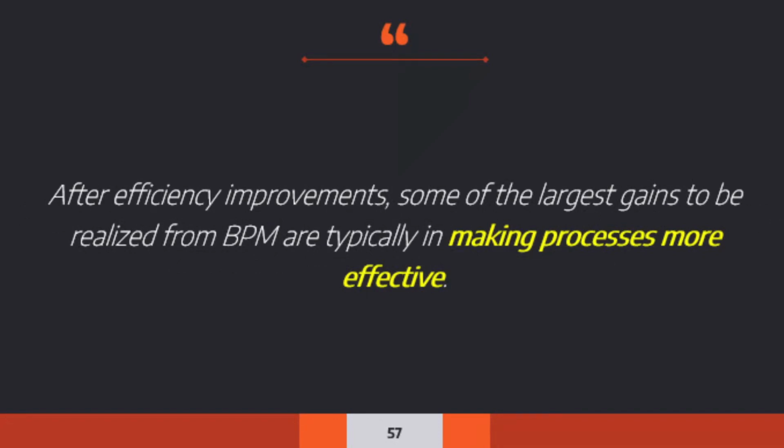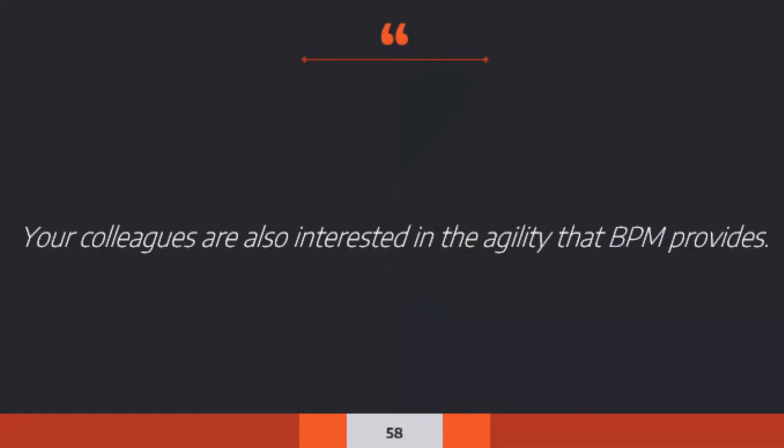So after efficiency improvements, after you have improved the way you do things, some of the largest gains to be realized from BPM are typically in making processes more effective. So the more effective the processes are, the more gain you will have in your organization. Your colleagues are also interested in the agility that BPM provides.